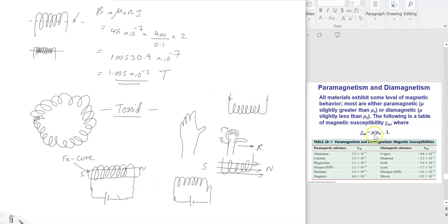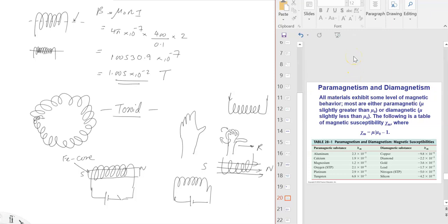So this ratio, permeability divided by the permeability of free space minus 1, is called the magnetic susceptibility. We don't need any of these, you can just become familiar with the terms. That's useful. But that's the idea. So I want you to read up about these two types of magnetism as well. Okay? All right, let's move on.